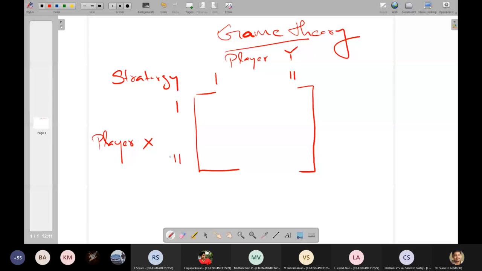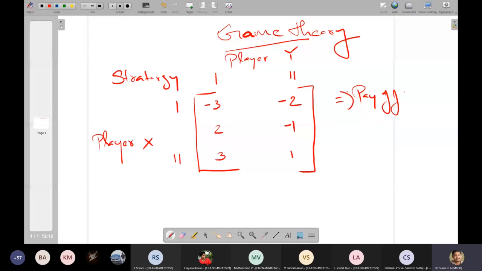Now this is a typical payoff matrix. This is what is called a typical payoff matrix. Now, what can you interpret from this payoff matrix? What all information can you interpret from the payoff matrix?